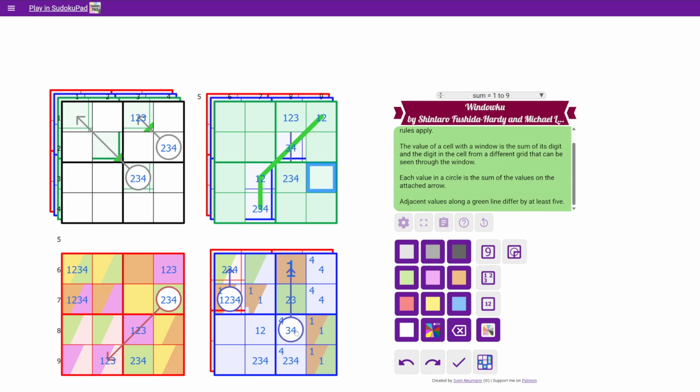Was that if these were different? Because if these are different, this cell has to add up to 7.